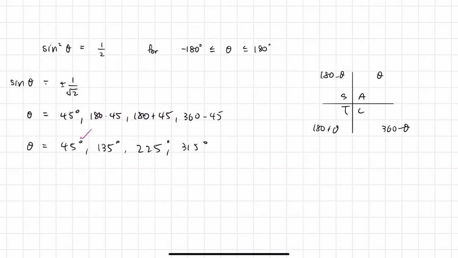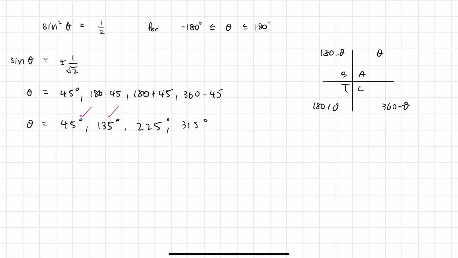So we have these answers, but only some of them are good. This one, 45, is definitely in this domain. 135 is in that domain. But these guys are not, right? They are outside the domain. So to fix it, let's just take off a revolution, okay? Because that answer is good, but it's just not within the domain that we want.